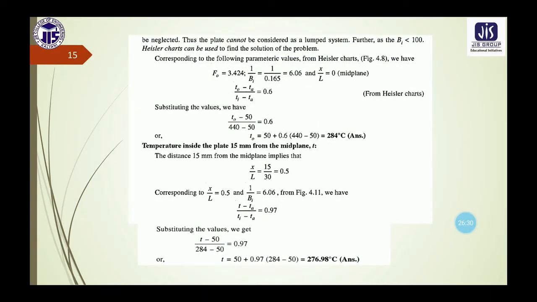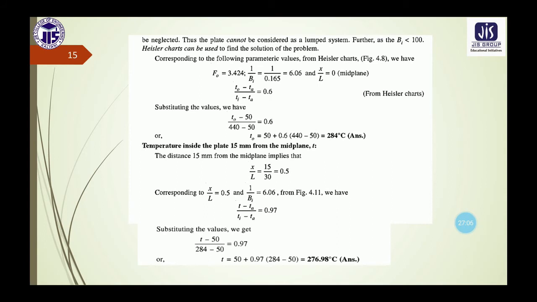Earlier, when the value of the Biot number was less than 0.1, we neglected the internal resistances compared to the surface resistances, and we used the lumped parameter analysis approach. Now here, as the Biot number is greater than 0.1, the internal resistances can't be neglected. So that means the plate cannot be considered as a lumped system. Now as the value of Biot number is less than 100, the Heisler charts can be used here in this numerical to find the solution of the problem.